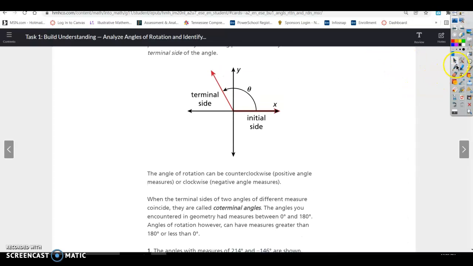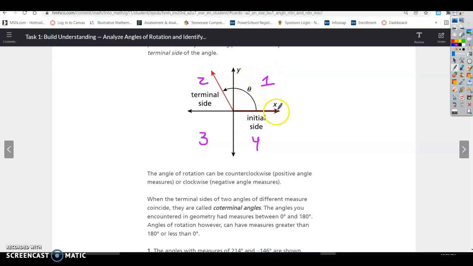If it goes counterclockwise, so the first quadrant, if you remember in other math classes, this would be quadrant 1, quadrant 2, quadrant 3, and quadrant 4. So it starts with quadrant 1 in your positive axis.